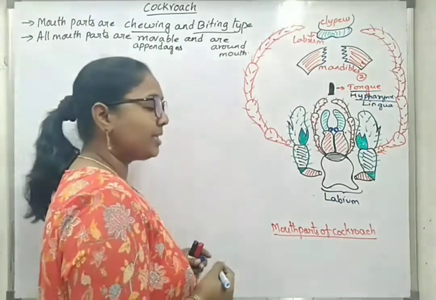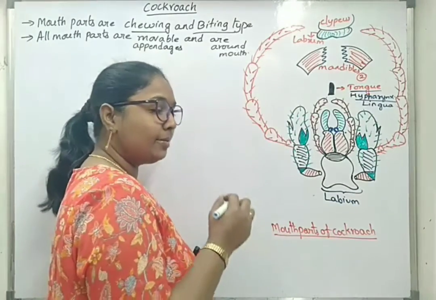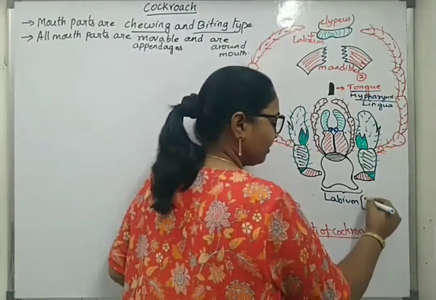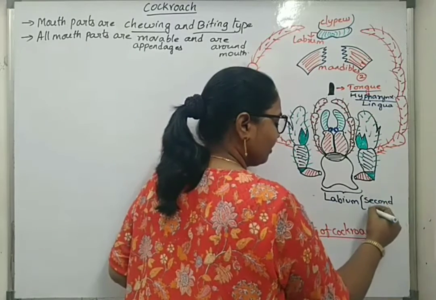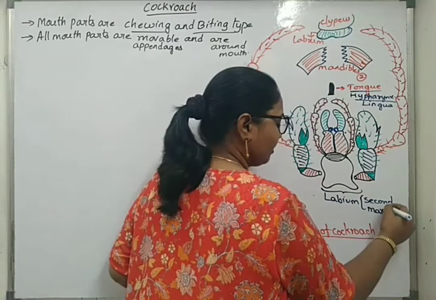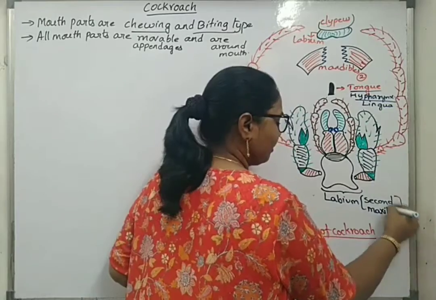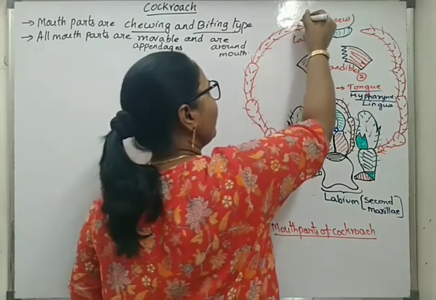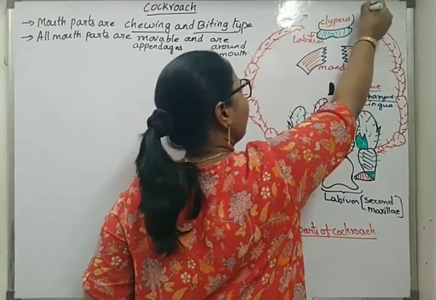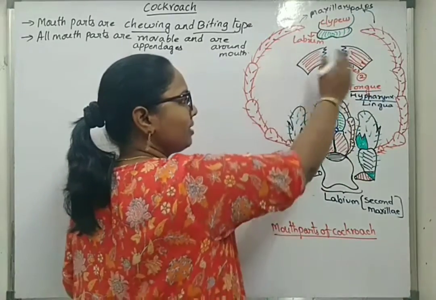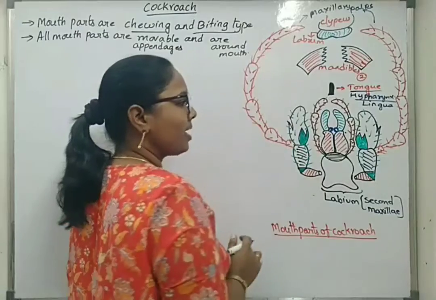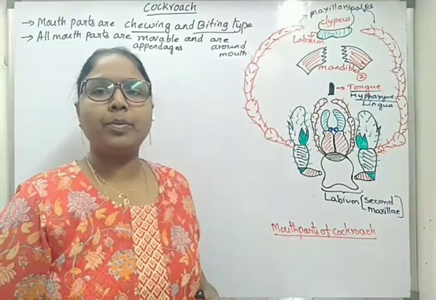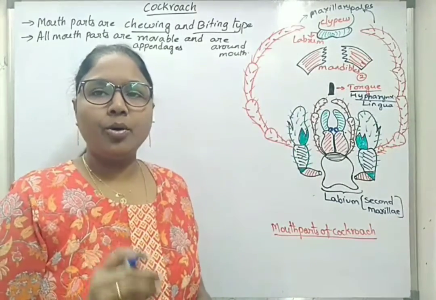Labium is also termed as secondary or second maxillae. Next, mouth parts also bear one pair of maxillary palps. All these mouth parts are covering the pre-oral cavity.